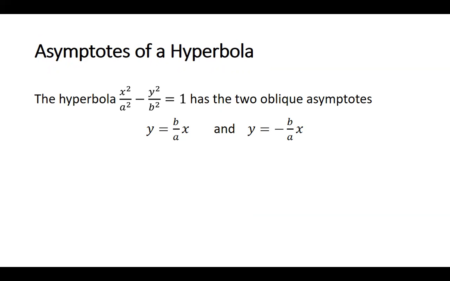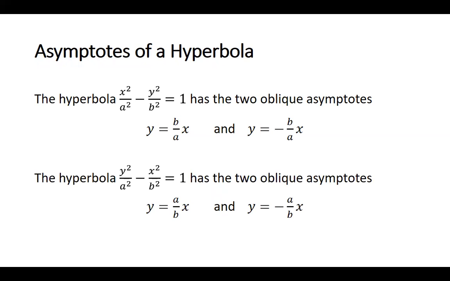Slope is rise over run, or change in y over change in x. So notice that b is associated with y, a is associated with x. So that's why we have b over a x and negative b over a x.